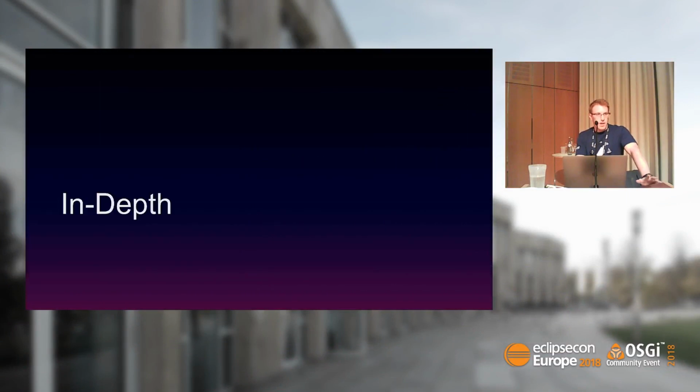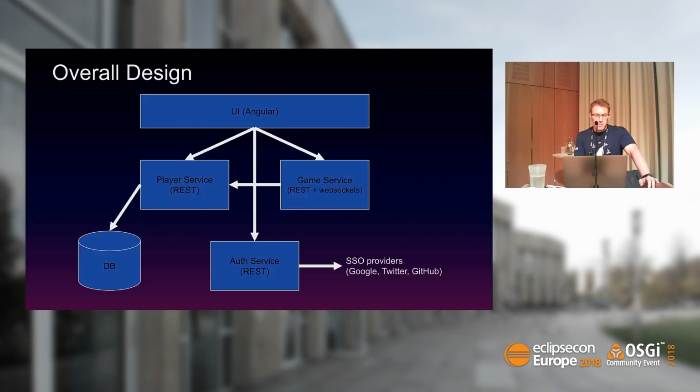So that's the basic concept, and just to give you guys an idea of what the thing looks like on the surface. So for the rest of this talk here, I'm just going to be going into looking under the hood and seeing what makes this game work and where did we find places to use the latest APIs. So this is kind of what the overall system looks like.